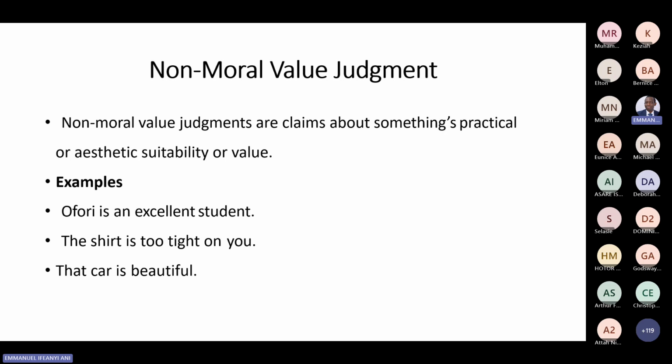And being too tight is a practical value, because if something is too tight, it doesn't allow you to be physically efficient. It doesn't allow you freedom of movement. That's an issue of practical value. And then being beautiful is an aesthetic value. So the first two are practical values, and the last one is an aesthetic value.